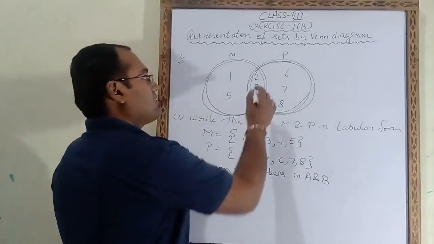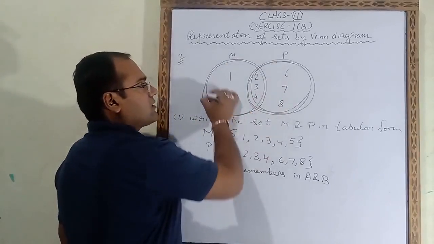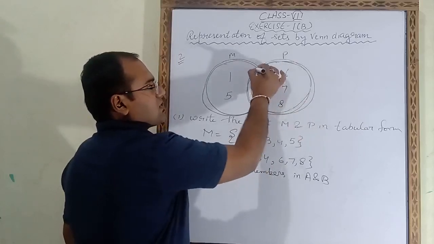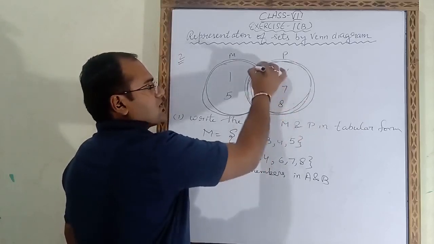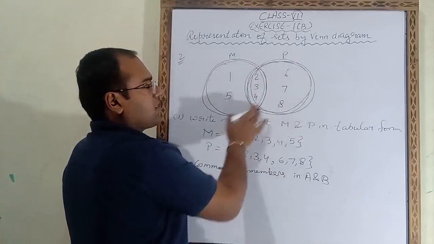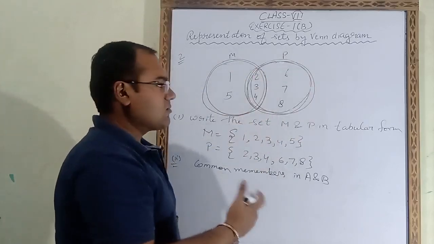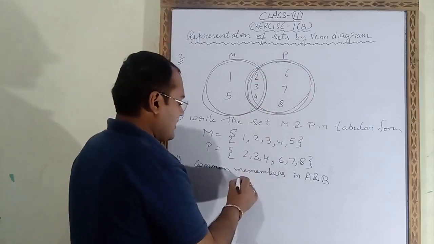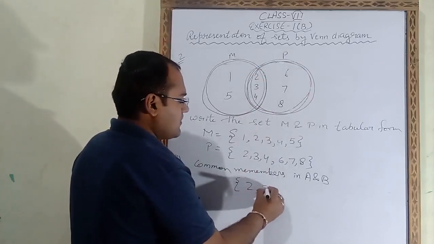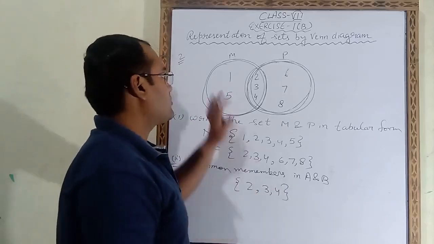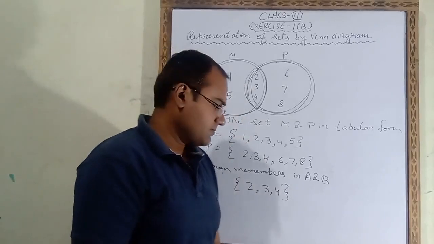Common, if we will take this circle and we will see this circle, so in both the circle this much part is common in both. When we will check this circle also and this circle also, this much part will come inside both the circle. So we will write here common members are 2, 3 and 4. So like this you have to do question number 2.